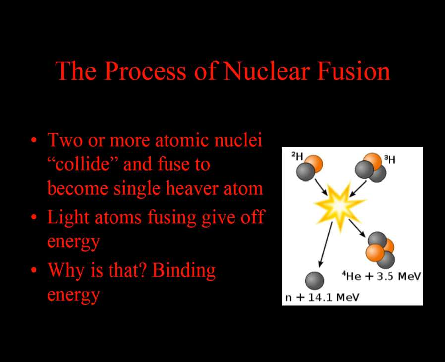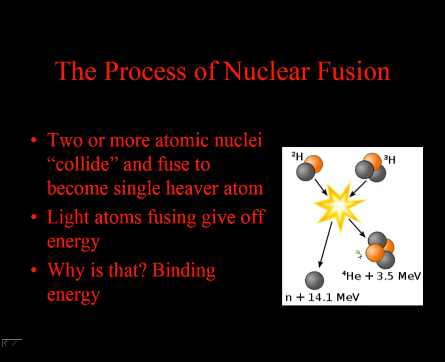Okay. So why is that? Why is there surplus energy? Well, the thing about deuterium and tritium is that deuterium has a binding energy, which is the energy it takes to pull the protons apart, or just pull the nucleus apart, right? So the binding energy for deuterium is about 2 mega electron volts, and the binding energy for tritium is 8 mega electron volts, which gives us a total of about 10 mega electron volts.